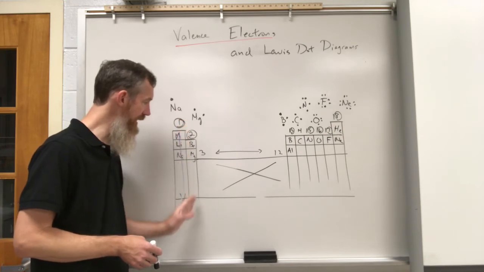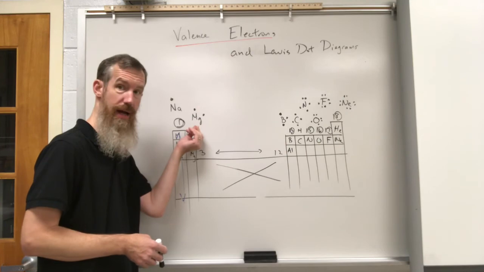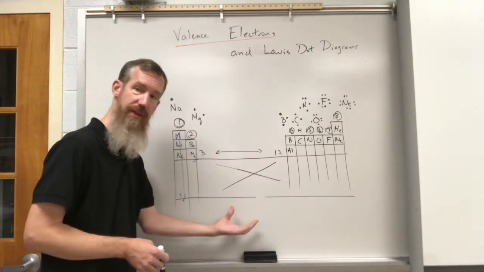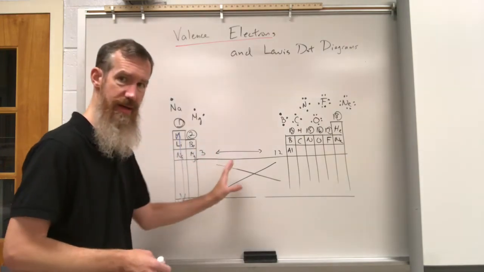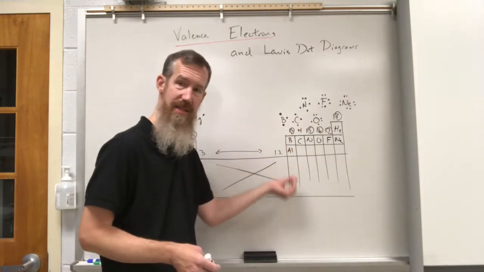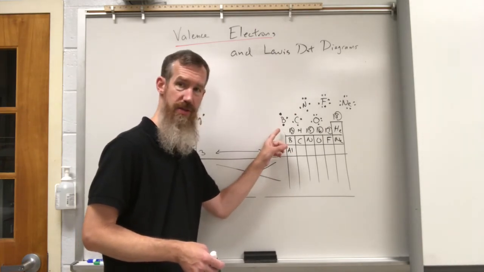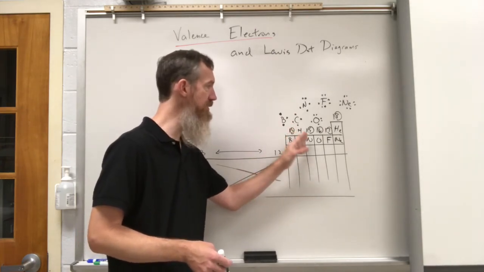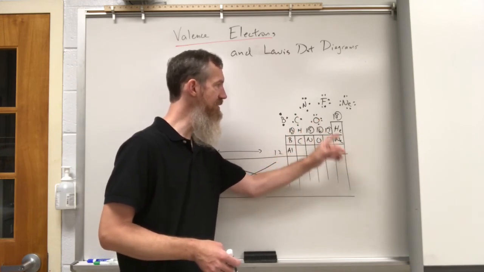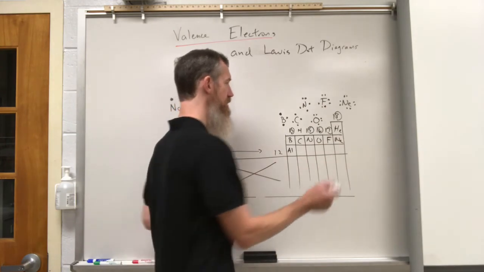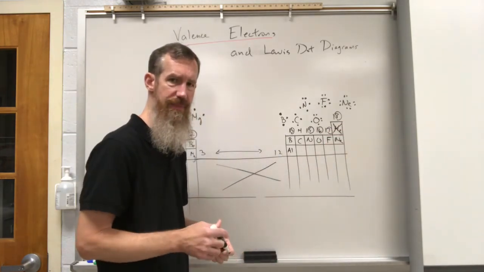Any element in the second column is going to have 2 valence electrons, 2 dots. Skip the middle section, very complicated. There's things going on there we're not going to worry about right now. 13th column, we're going to have 3 valence electrons, 3 dots. 14th column, 4 dots. 15th column, 5. 16th, 6. 17th, 7. And 18th is 8, except for helium. I'll deal with that later.